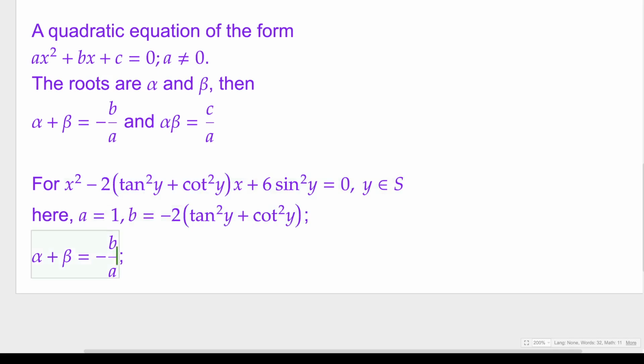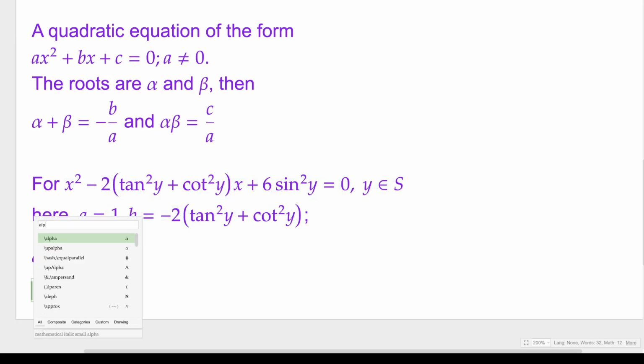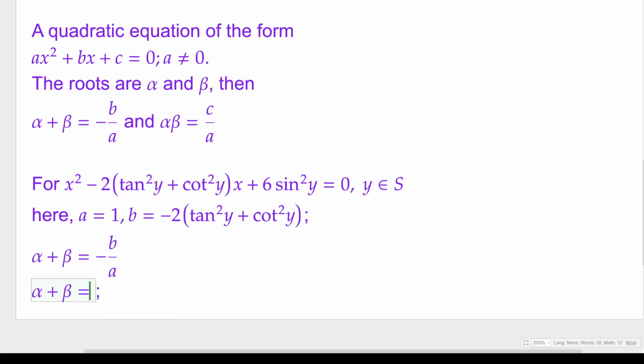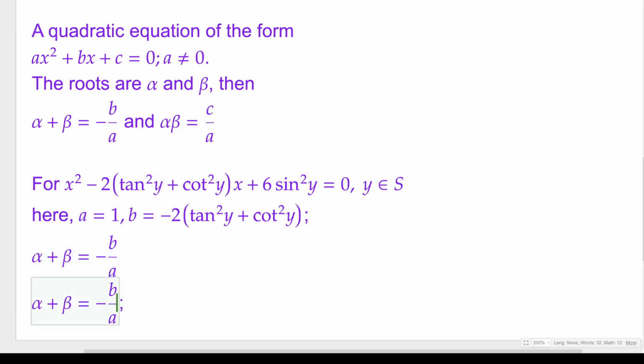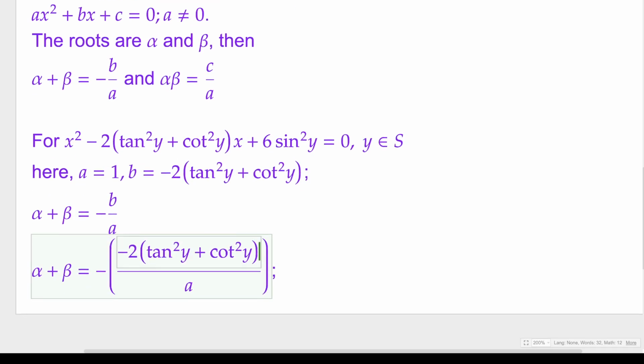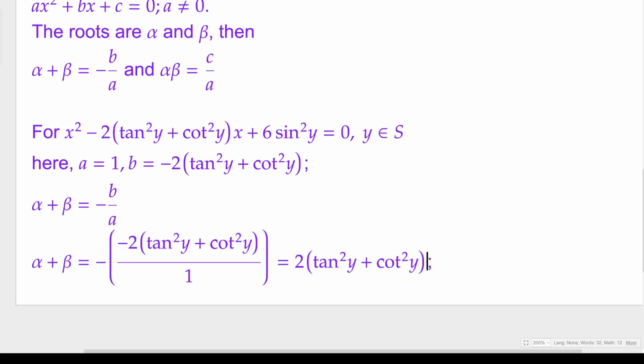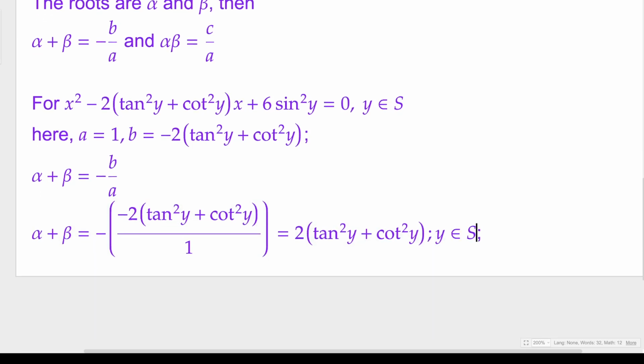So the sum of roots, that is alpha plus beta, is equal to negative of b over a. So instead of b I'll replace with this, and a is already 1. On resolving this, this one can be written as 2 times tan y square plus cot y square, and it is very clear that y belongs to this set S, right?